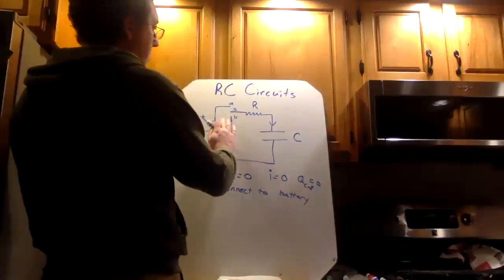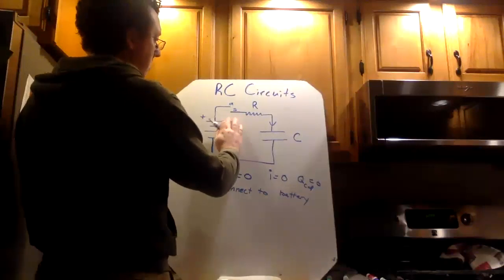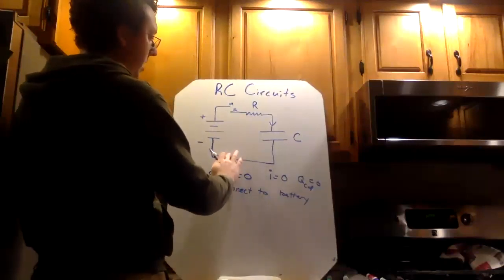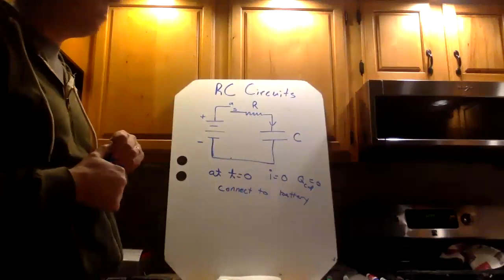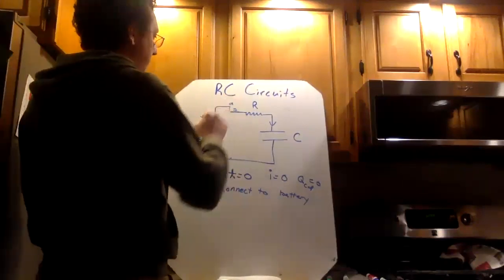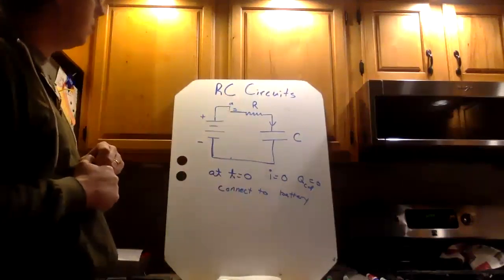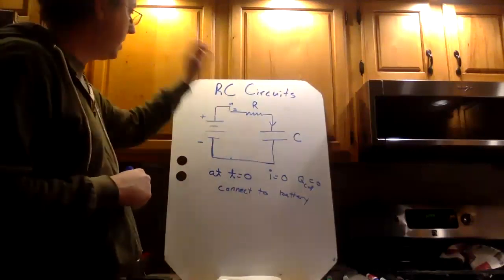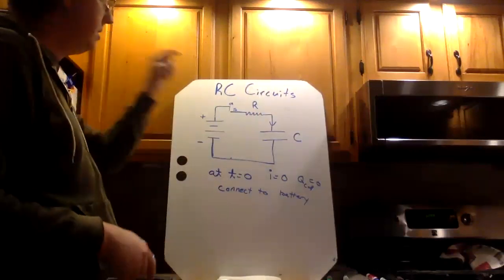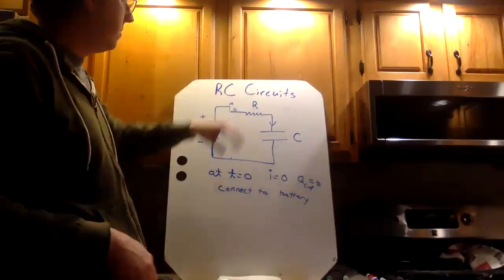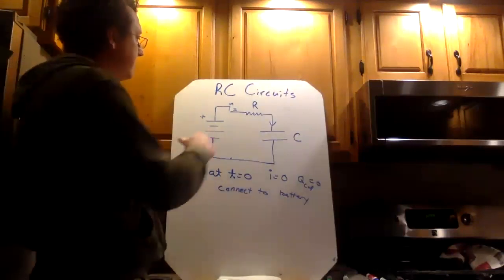So for this problem, I'm going to erase this branch just so we don't get confused. And we just connect these up right here. Okay, so this is time 0. I connect it up. This is what I have. You're going to get a current start to flow. What actually happens is this.